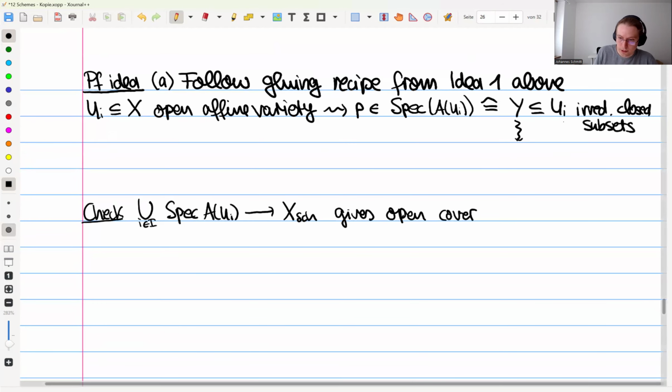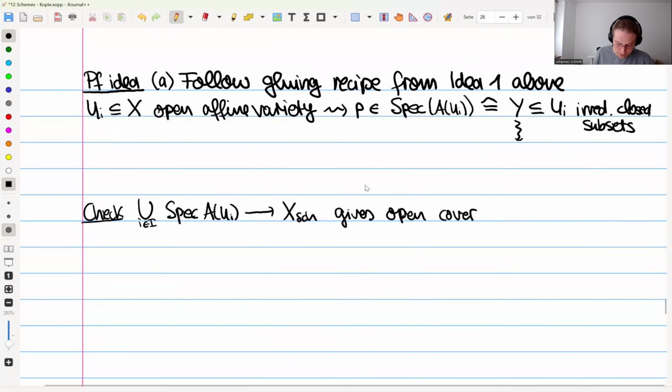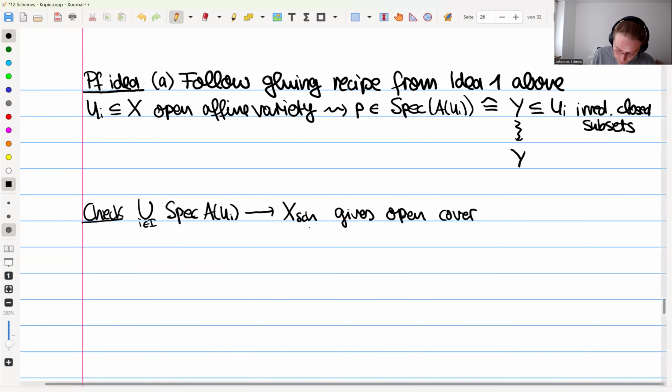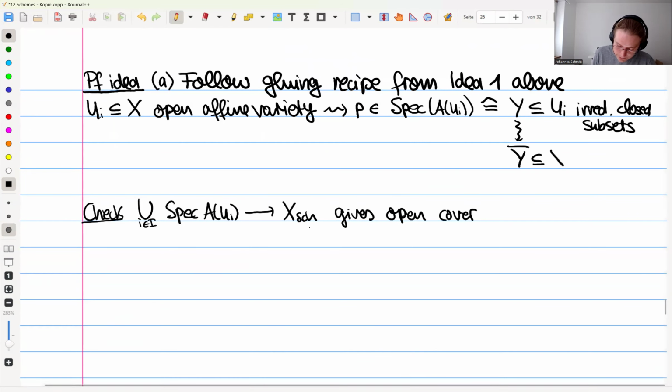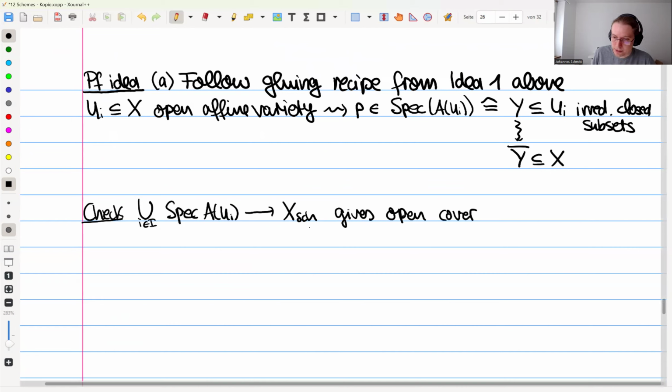And then in X scheme, the elements are irreducible closed subsets of all of X. But what we can do is take the closure inside X, and the closure of something irreducible is irreducible. It's also closed because of the closure.